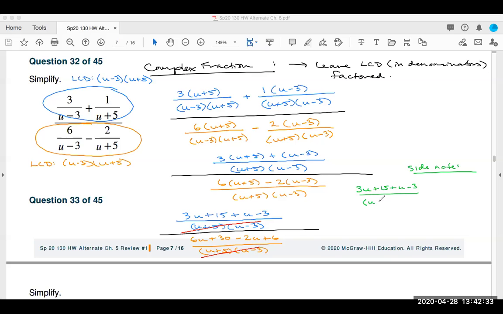We have this. Old school division with this. Okay, and then we keep this first fraction here.